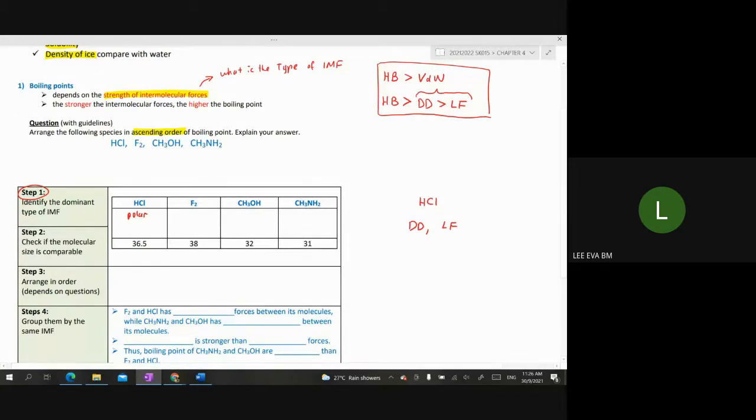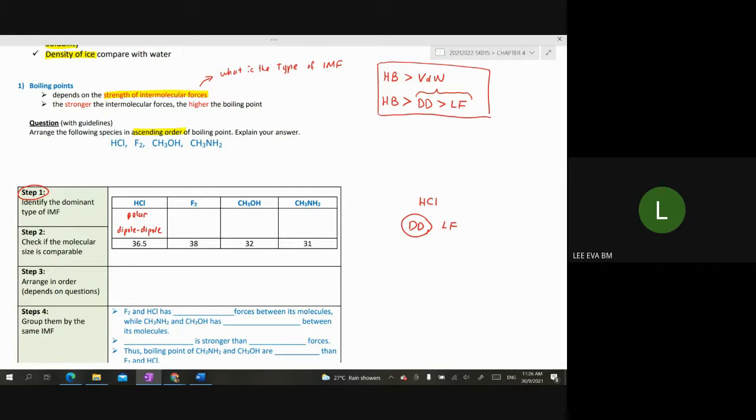But we only want to compare the dominant one. Siapa yang lagi kuat, kita compare kan dia dengan species lain. So in this case, we will choose the dipole to do the comparison. Is that clear? Kita ambil forces yang lagi kuat untuk buat comparison. Walaupun dia ada London forces, tapi kita tak compare dia.